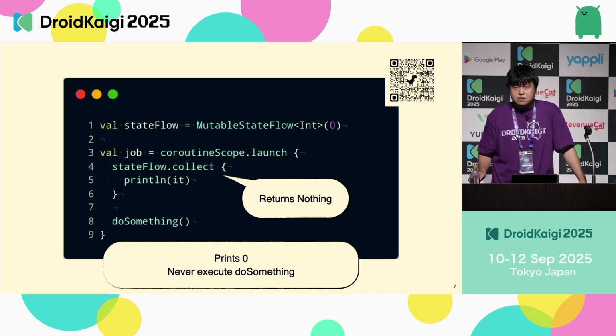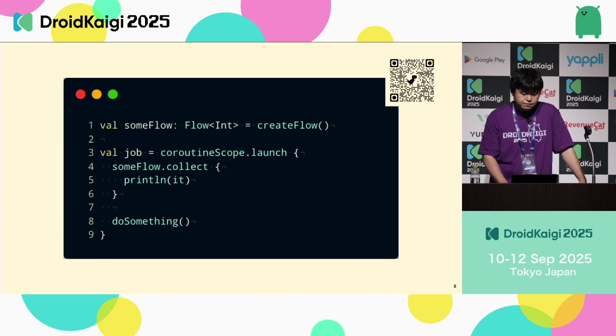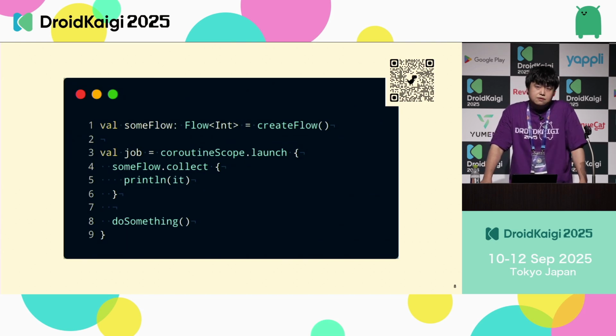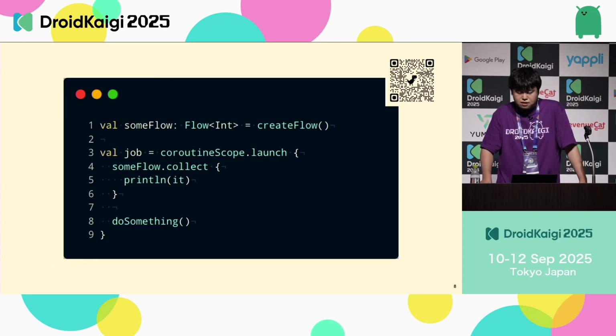These two examples are very easy to understand and estimate. But how about the next example? The upstream has been changed again. Create a flow function whose internals are hidden, and it provides a Flow instead of a MutableStateFlow.